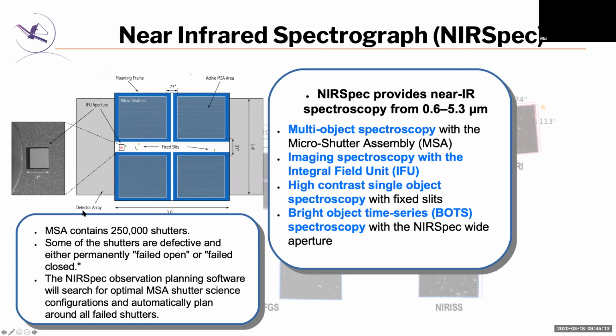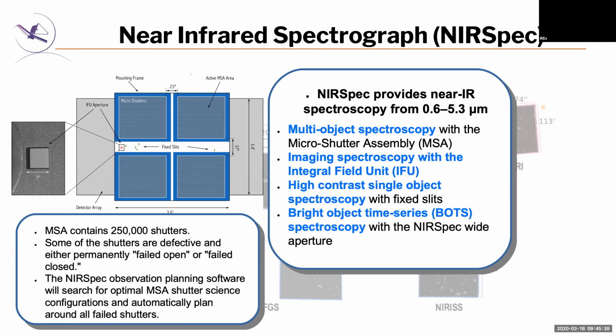So the MSA contains 250,000 shutters, and they work great, except there's a few failed open and failed closed shutters that you have to manage. And there's a great NIRSpec observation planning software to help you manage that. Unfortunately, today we're not going to talk about that, but it's a whole world in itself.